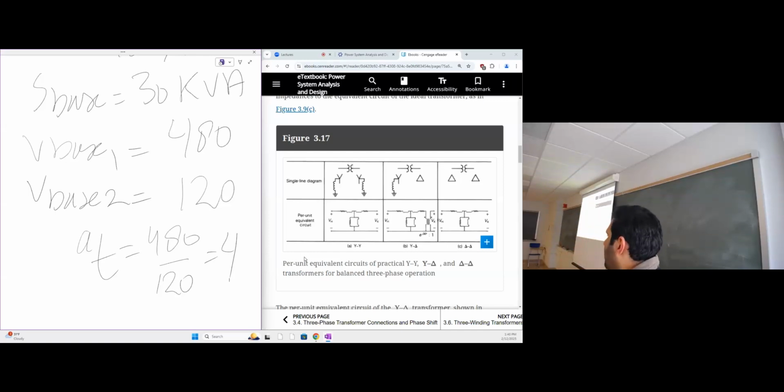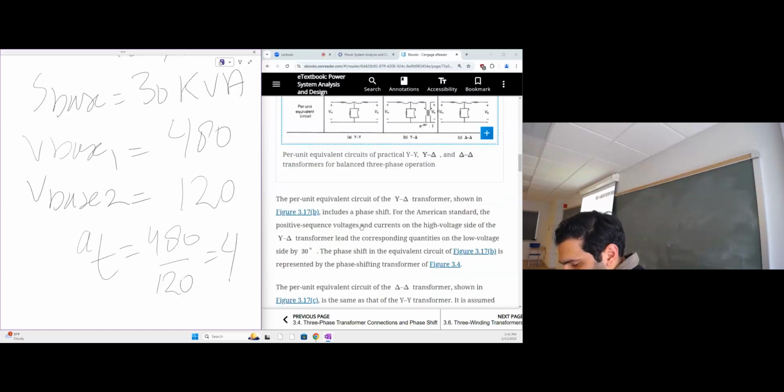We still have that shunt branch there. Our main issue happens with Y-delta or delta-to-Y connection. You can see the transformation of J30 to 1 for that connection. This is what we were solving before. So this is just a reminder for you about the connectivity in the transformer.